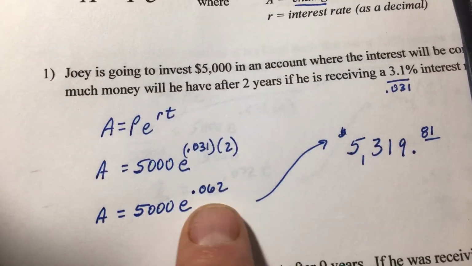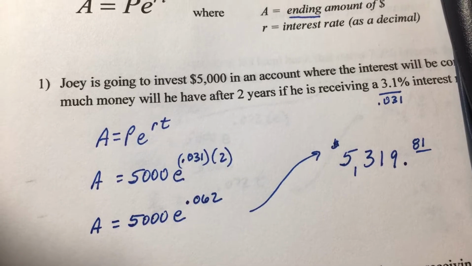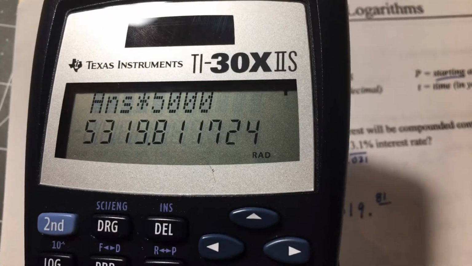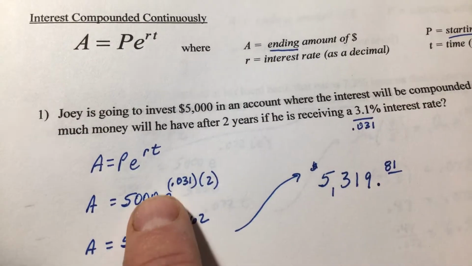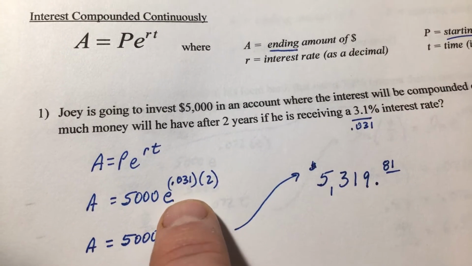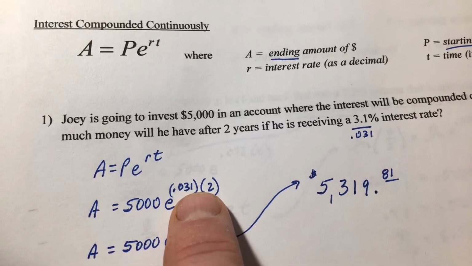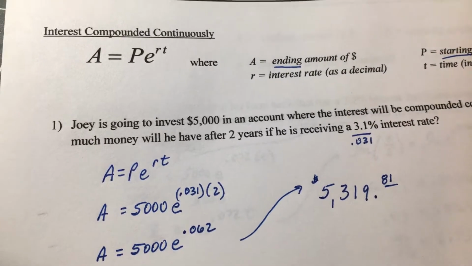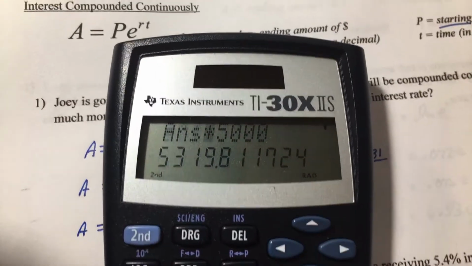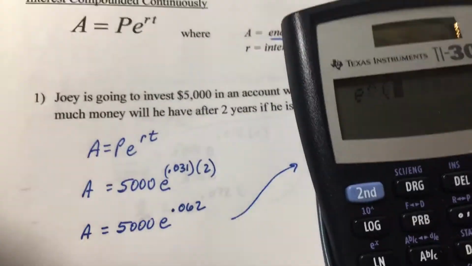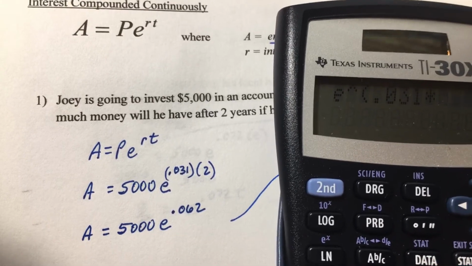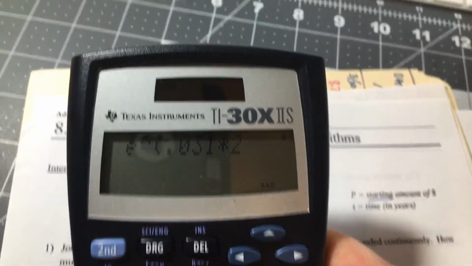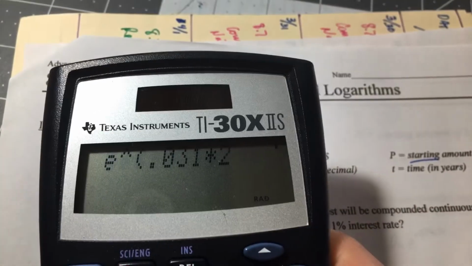Then we would take that number times 5,000, and there's our $5,319.81. So first off, I want to make sure you can get this into your calculator correctly. If you enter it separately as 0.031 times 2, I don't know if the calculator would do what you want.